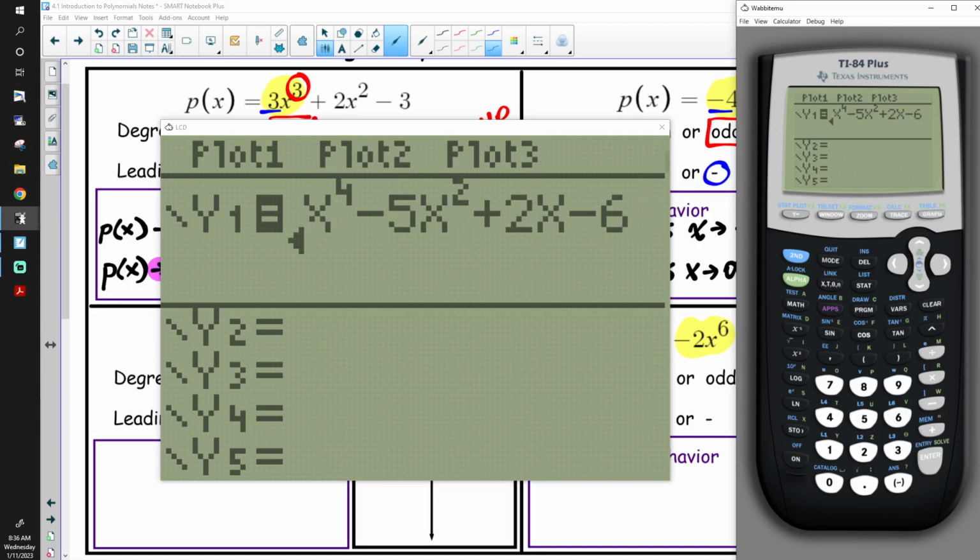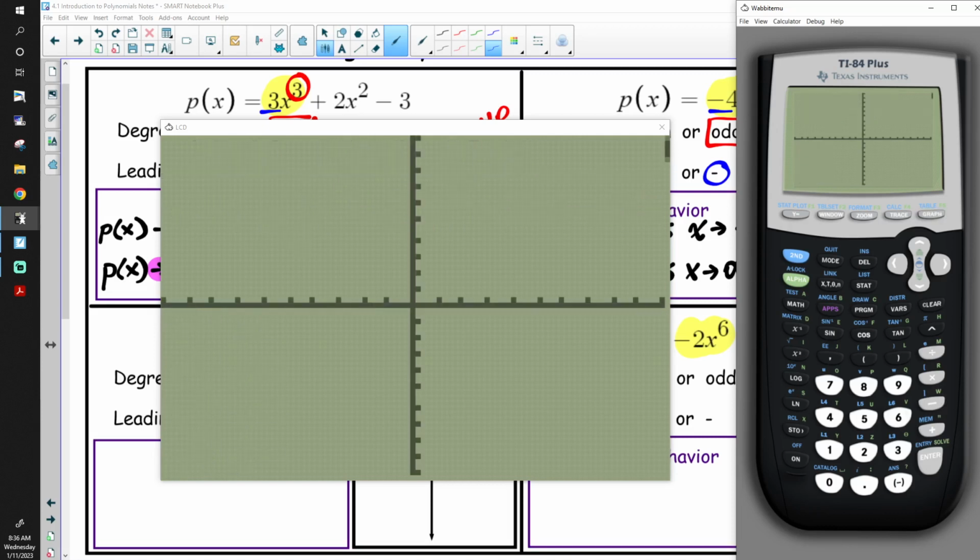Take a look at your graph. Look at that, crazy guy. Again, we don't care what's happening in the middle right now. We only care what happens on the ends. But this, it looks like a funky W.